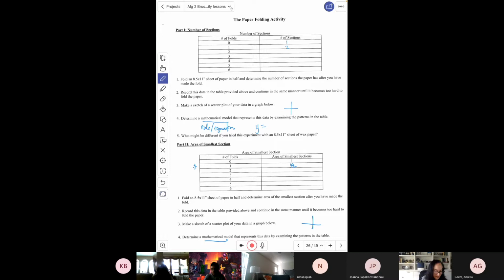So we're investigating to see if we can figure out the rule, describe the pattern, and maybe explain how we found the rule. If you can't find the rule, that's okay. But let's try.